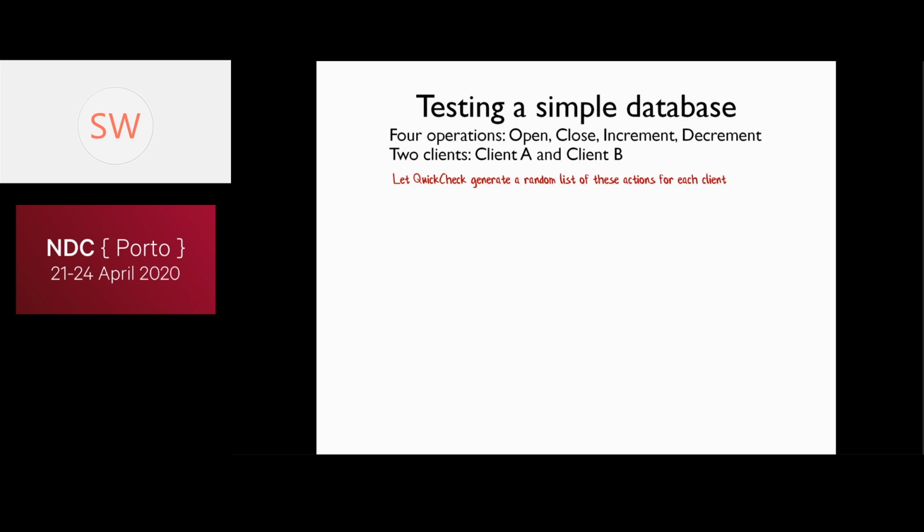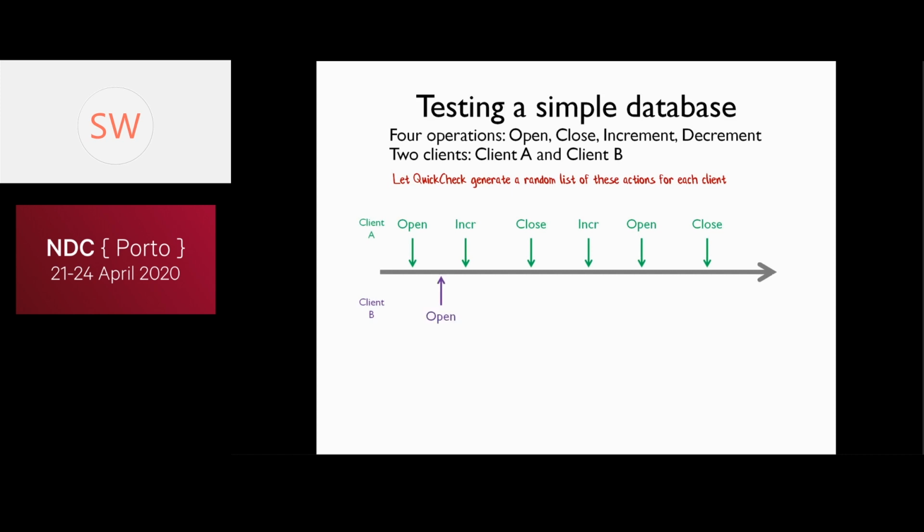And what we're going to do is generate a random list of those operations. And so here we go. Client A randomly says, okay, you open and then you increment and you close and you increment and you open and you close, and for client B, open and then decrement and open again and increment and so on. So just a random list of these 4 operations.